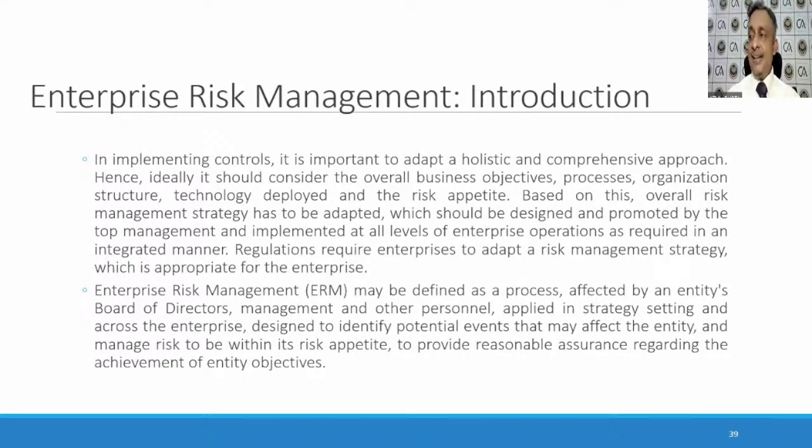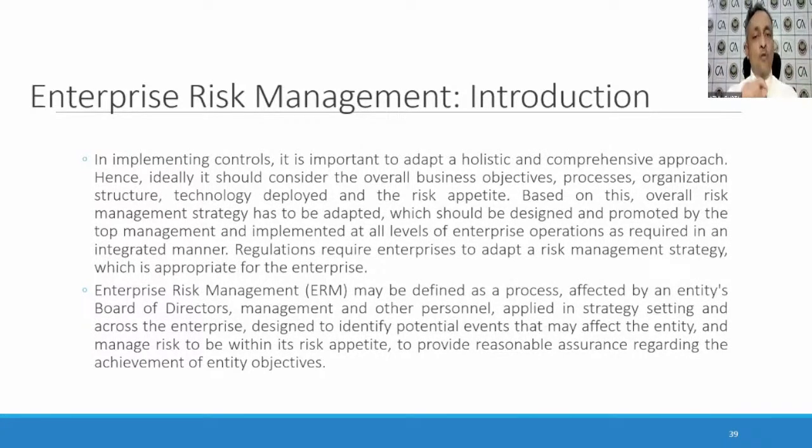Hence, ideally, it should consider overall business objective, processes, organization structure, technology deployed, and risk appetite. So when you talk of every aspect of risk management, these are the factors to be considered.